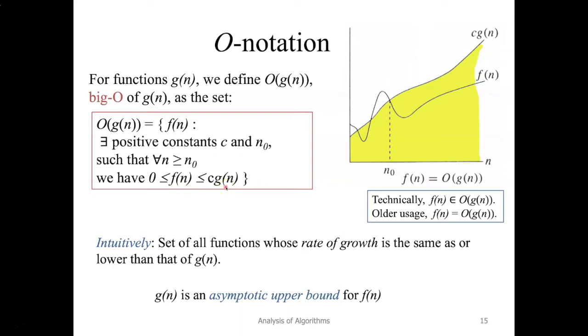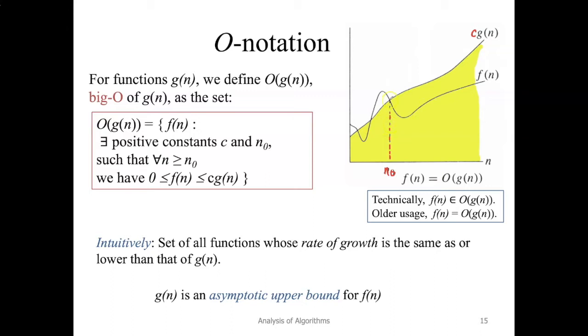So we've got that there is some constant c which we can multiply by our function g of n, so that at some starting point, this is our n sub 0, right? At some starting point, it doesn't matter what comes earlier than that, because we care about large enough values of n.